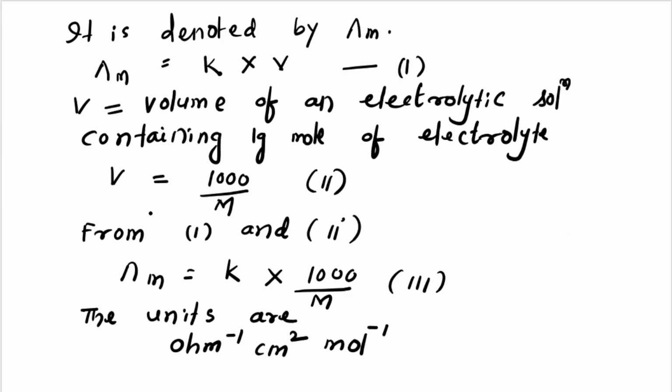It is denoted by lambda M, where M means molar conductance and E means equivalent conductance. It is equal to kappa into V, where V is the volume of the electrolytic solution containing 1 gram mole of the electrolyte. So V equals 1000 by M, where M means molarity. From equations 1 and 2 you get equation 3: lambda M, the molar conductance, equals kappa into 1000 by M.